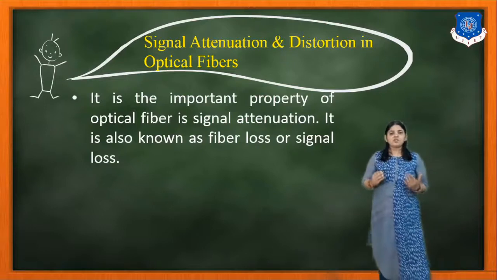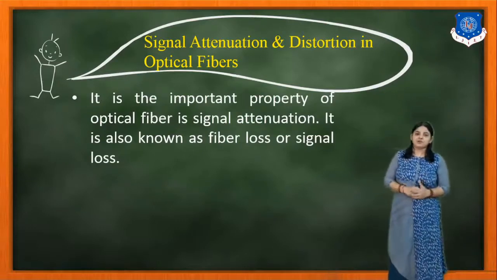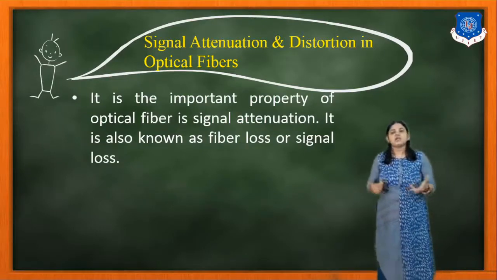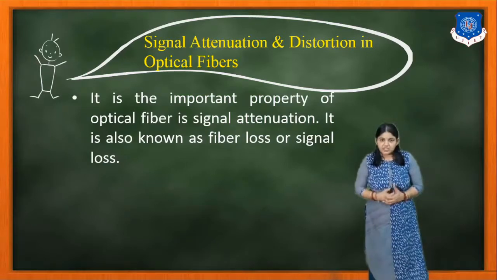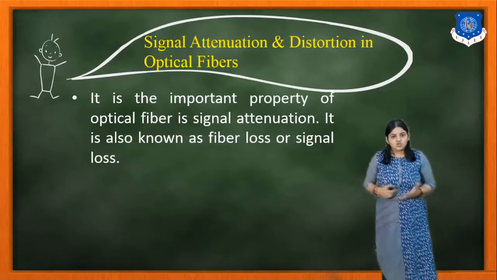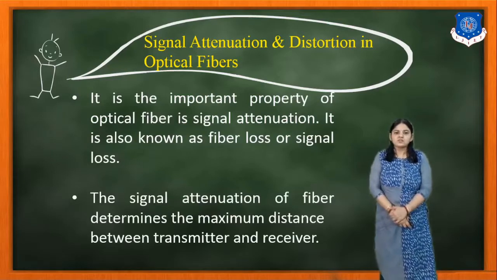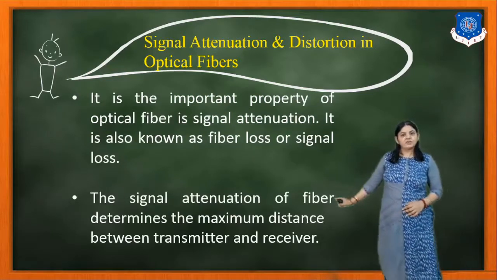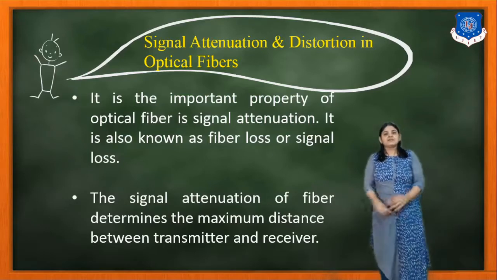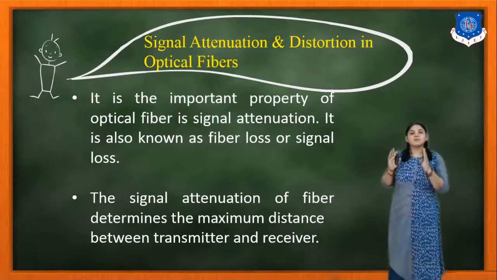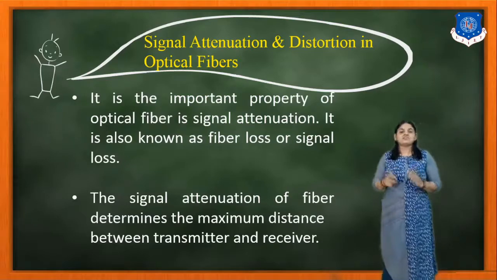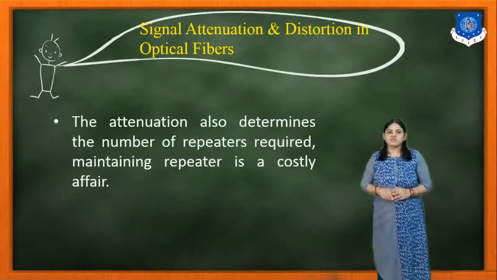So an important property of the optical fiber is signal attenuation, or degradation. It is also known as the fiber loss or the signal loss. The signal attenuation of the fiber determines the maximum distance between the transmitter and the receiver.